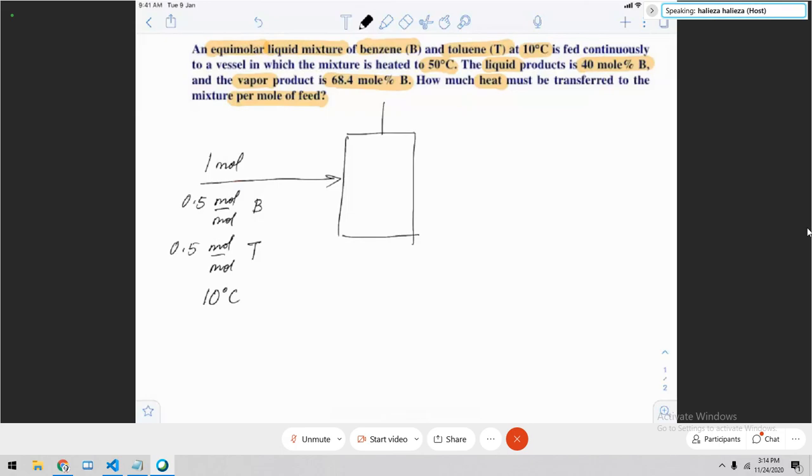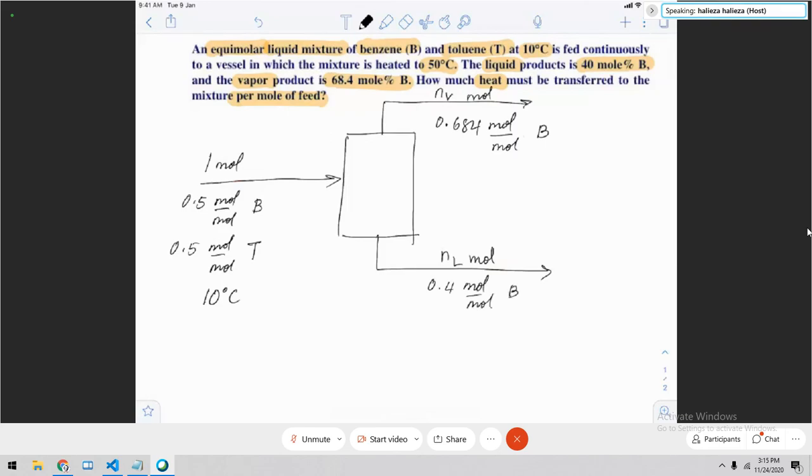We're going to have two products coming out. The top product will be vapor, with the symbol V for vapor, and the bottom product will be liquid, L. So that's going to be in moles. Your top product is vapor having a composition of 0.684 mole per mole of benzene, and your bottom product will have a composition of 0.4 mole per mole of benzene.